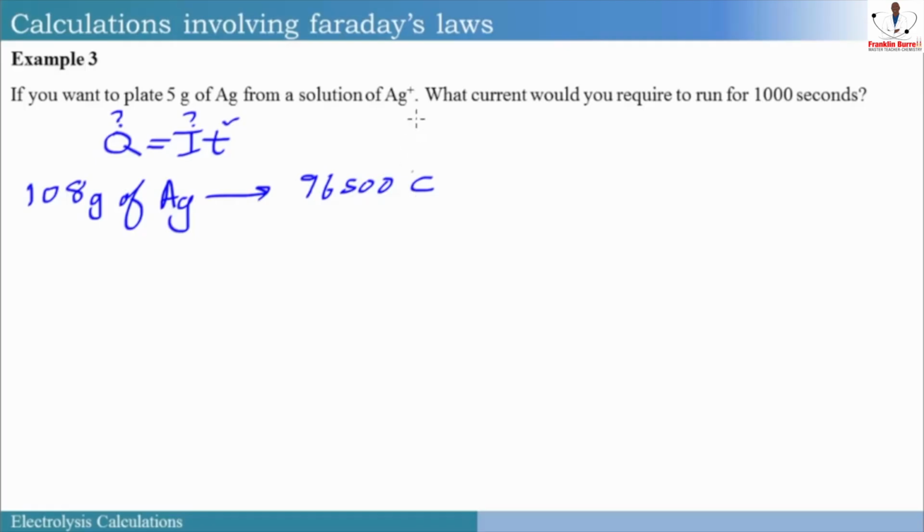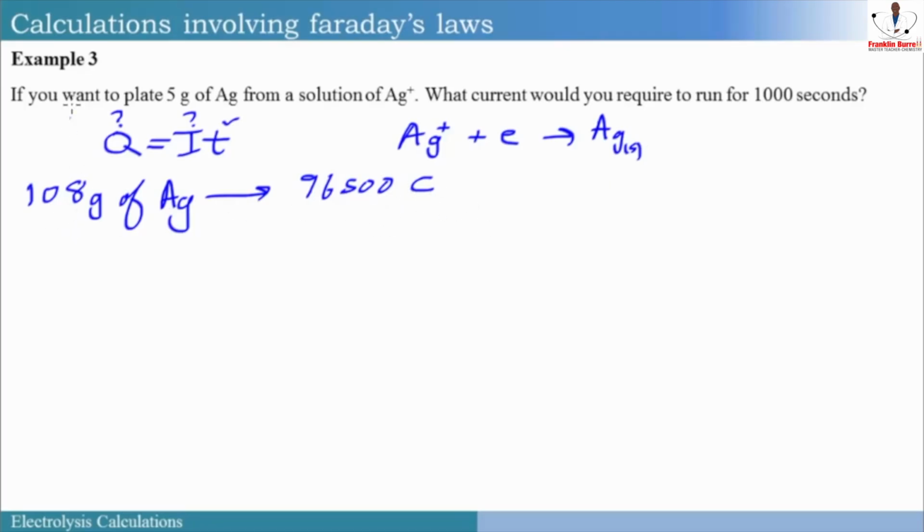Now notice it is silver plus. If it is silver plus, it means that silver would liberate only 1 mole of electron to form silver atom. So there is no need to multiply this value by 2 or 3 and so on.